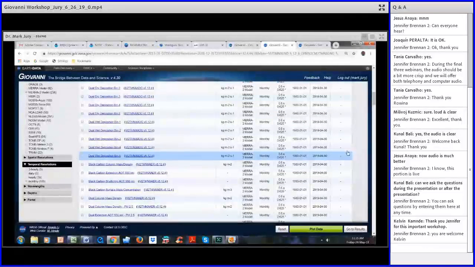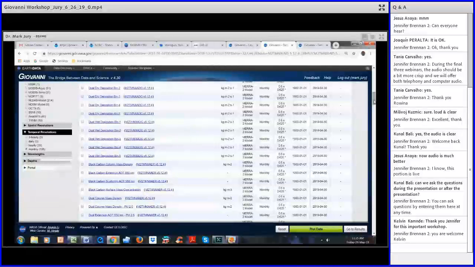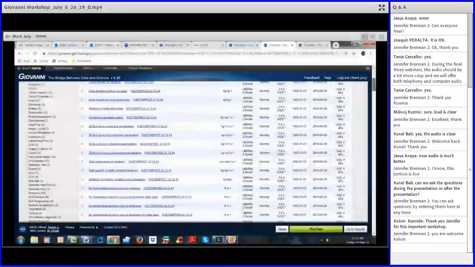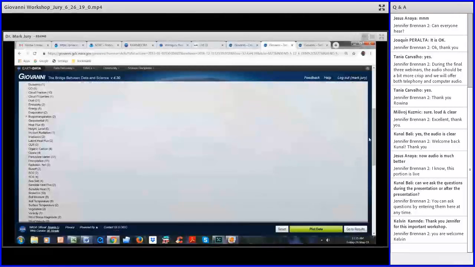We've got our platform and our resolution in time, and we then have all these variables still. So we could then say go to evapotranspiration is only 2 then. And that starts to limit the number of variables down to a relatively easier level.